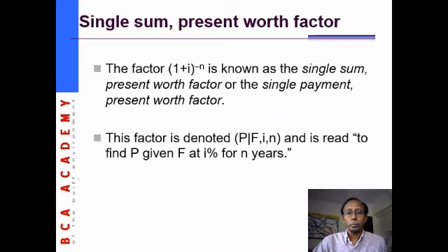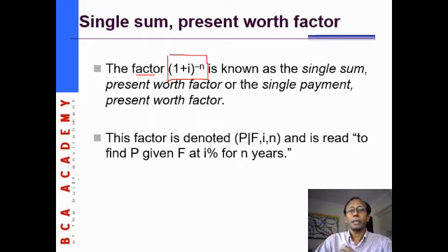So far you have learned that we define a factor based on the entire equation, which is (1 + i) to the power of minus n in this particular case, and plus n in the first case. When you are calculating the future value based on the present value, it is plus n.